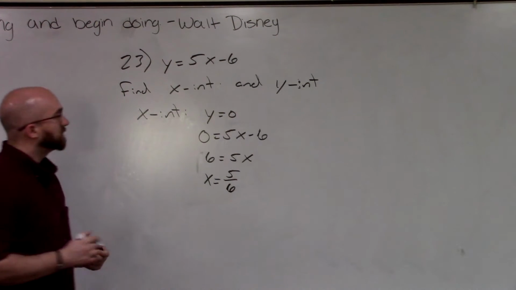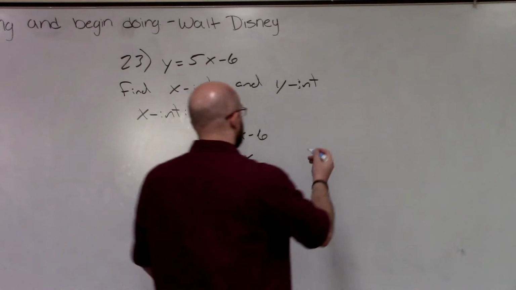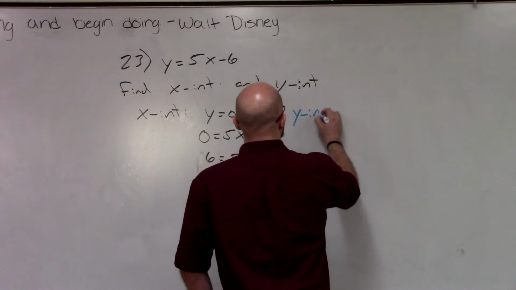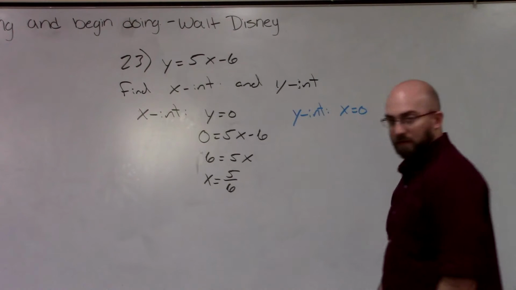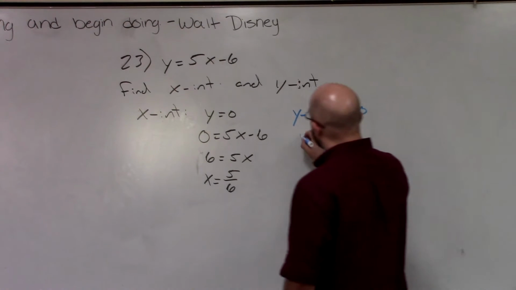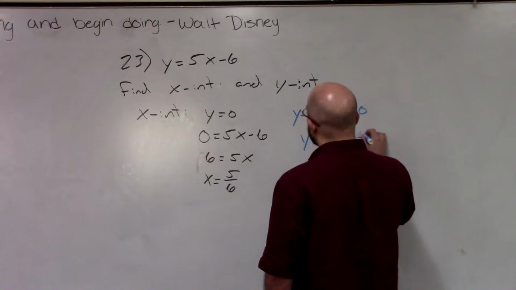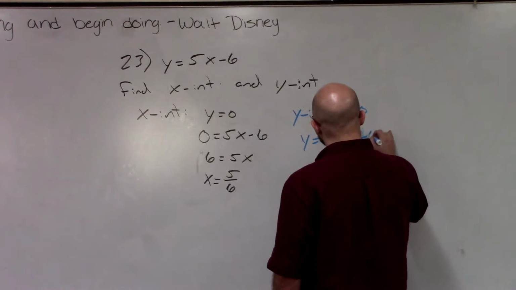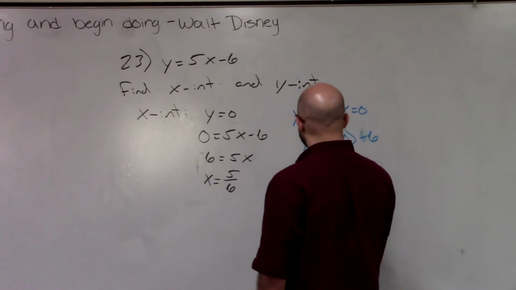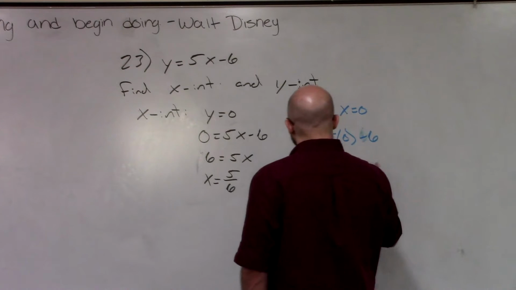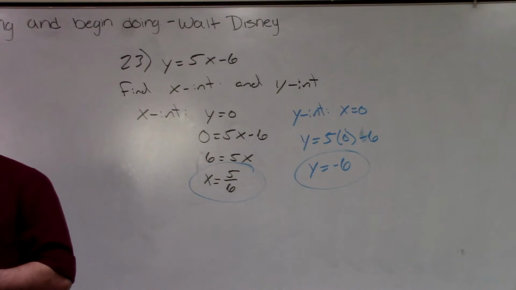That's the x-intercept. To find the y-intercept, we set x equal to 0. So y equals 5 times 0 minus 6. Well, 5 times 0 is 0, so y equals negative 6. And those are our intercepts for that problem.